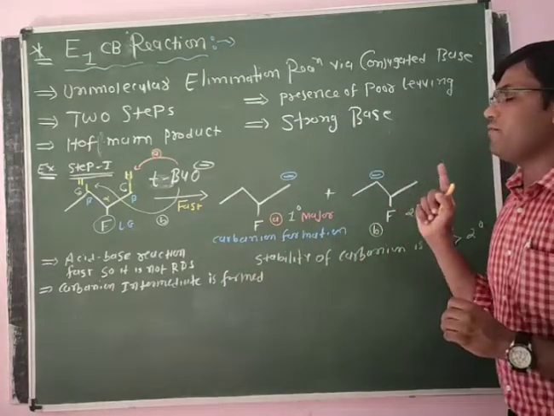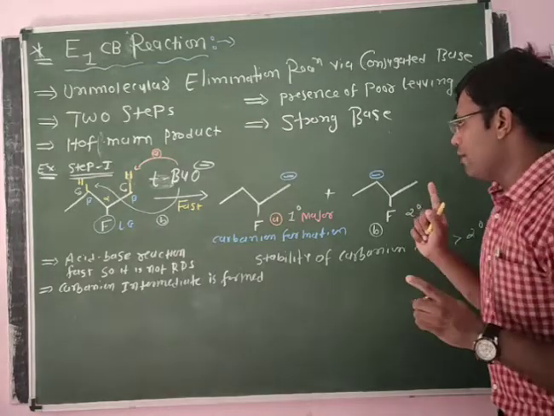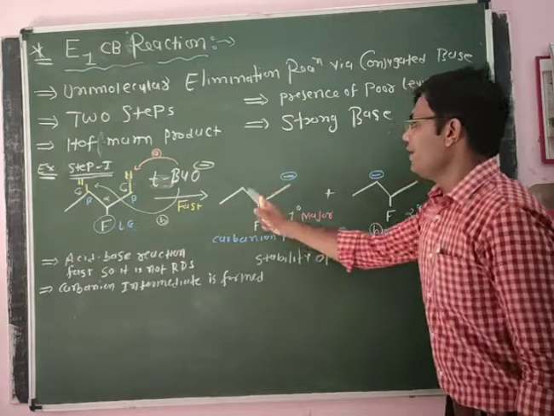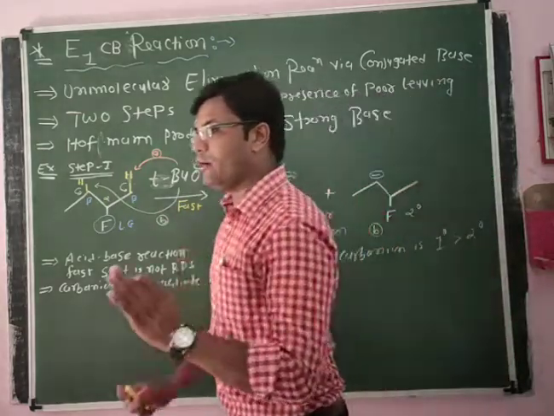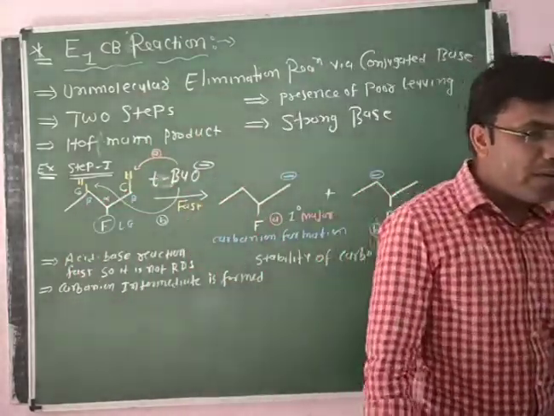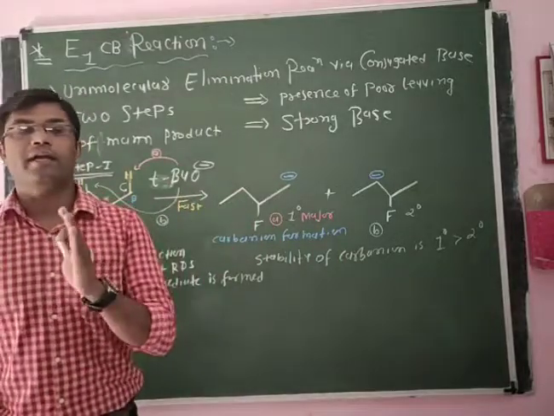Okay, so in the first step two phenomena occur: removal of protons, and the most important thing is that after removal of the proton, you know very well an acid removes the proton and forms a conjugate base. You know very well a base by accepting the proton will form the conjugate acid.